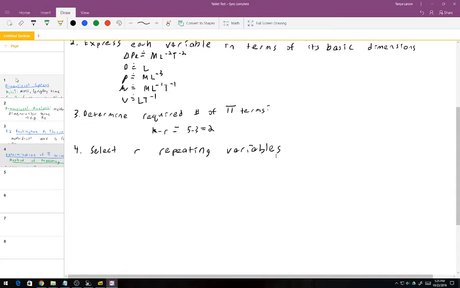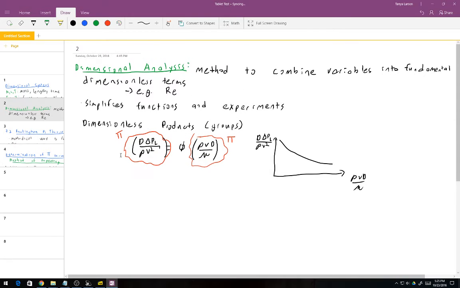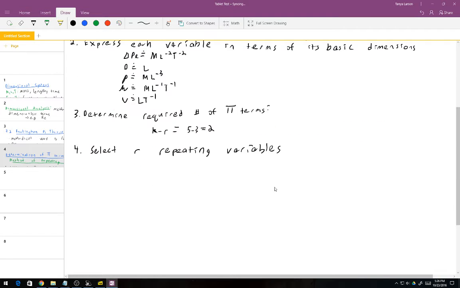Let's go back up to some of the previous slides and look where we defined this. If you look at this, D and D, rho and rho, V and V, these occur in both of the pi terms in this case. So in our problem here, these are repeating variables. Repeating variables are ones which occur in all of the pi terms.